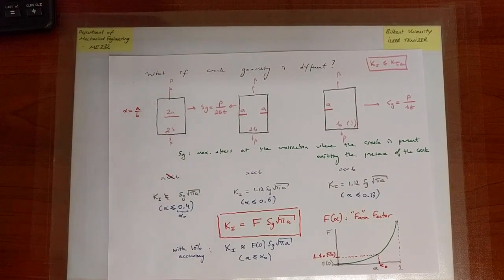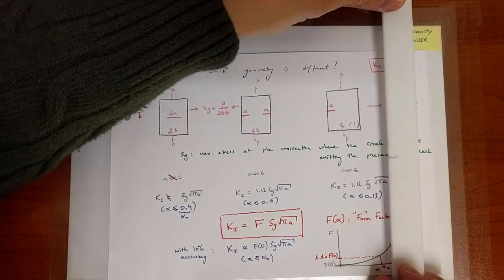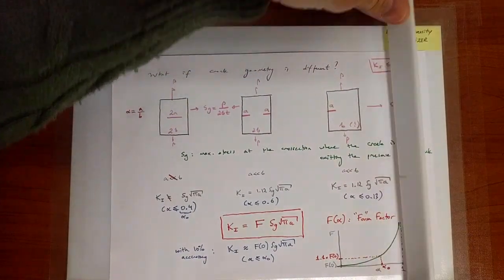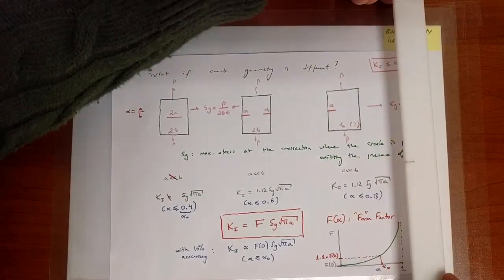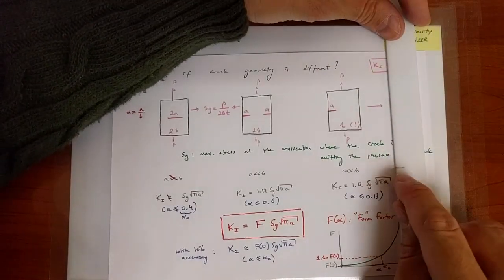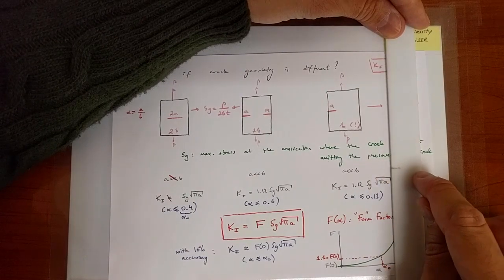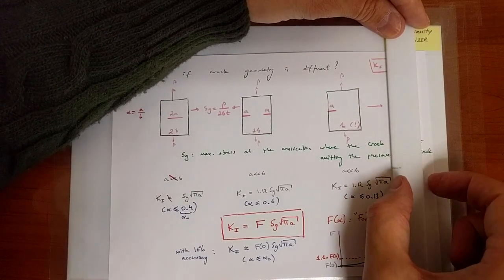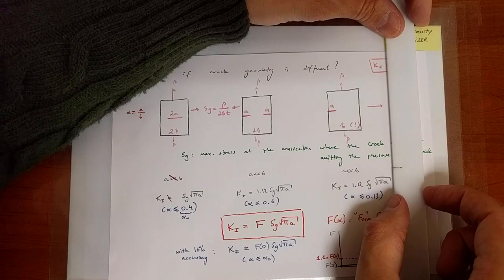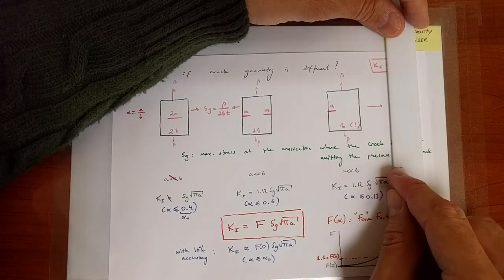0.13. Okay? So when we go back to this particular case, for instance, and if I were to pull on this plate, it is this scenario, and you can see that the width of this crack is not less than 0.13 times the width of the plate. So the assumption is violated, okay?